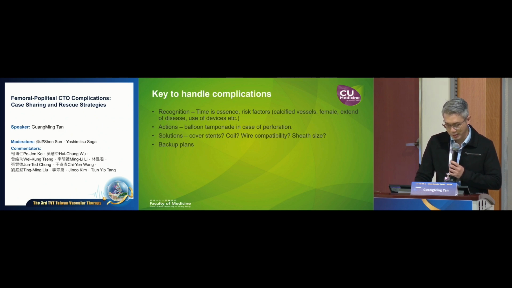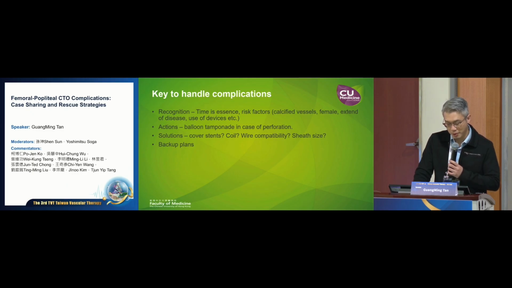And you have to recognize that in some patients, some risk factors will predispose them to a high risk of complications, such as calcified vessel, female gender, very extensive PVD, and also use of any of those adjuvant thrombectomy devices and atherectomy devices. Once you recognize the complication, the next thing is to take action.